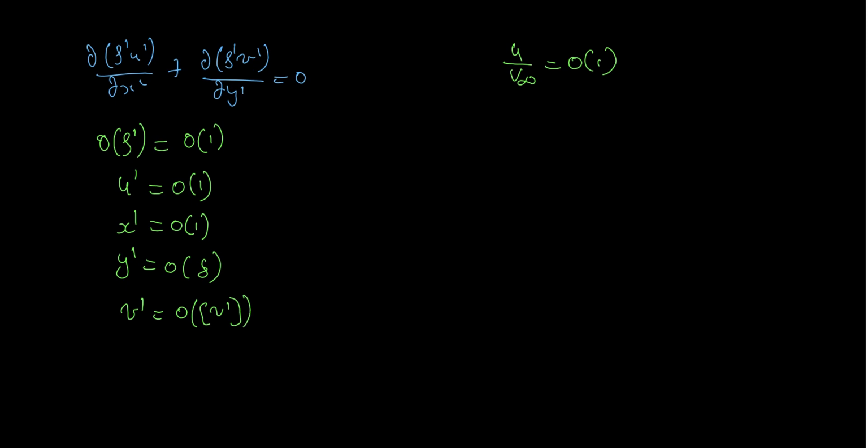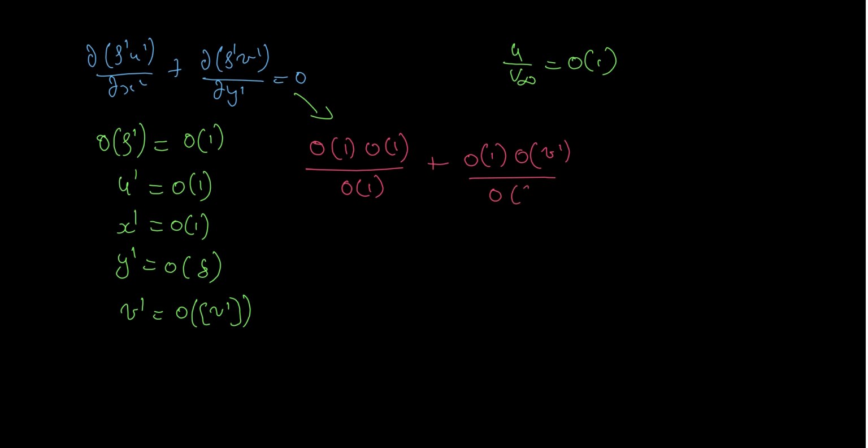If we write this equation in terms of the order of magnitude equation, then we can write it as order of 1 times order of 1 by order of 1 plus order of 1 times order of v prime over order of delta, where keep in mind that v prime is the non-dimensional form of the velocity in the y direction.